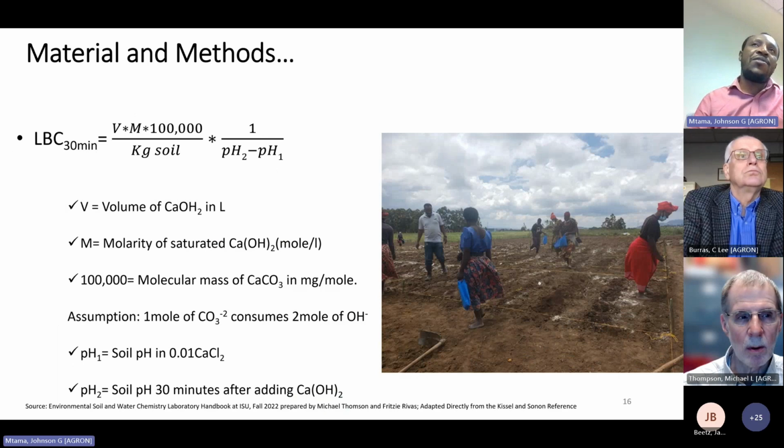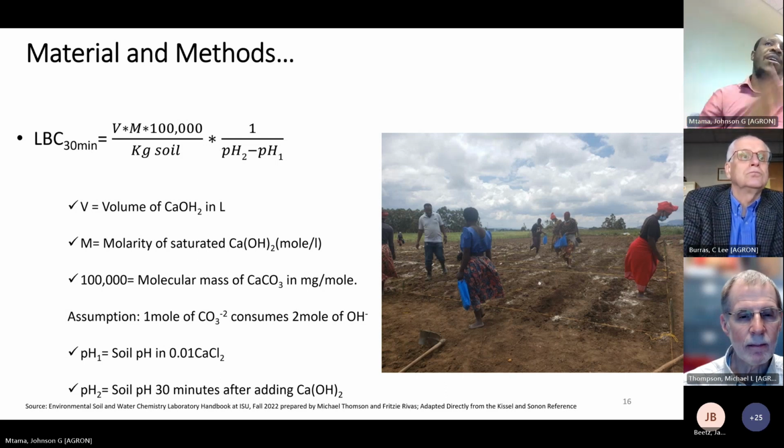After getting all those 3 measurements, then I used this equation, which is adopted from a manual by Dr. Thompson and Frizzy, produced in fall 2022.